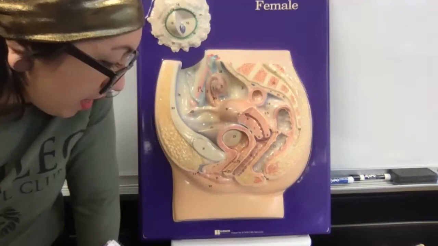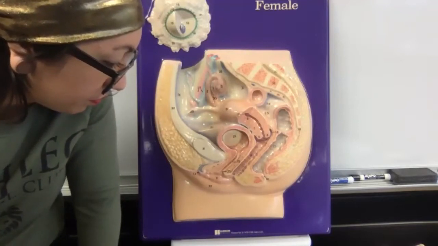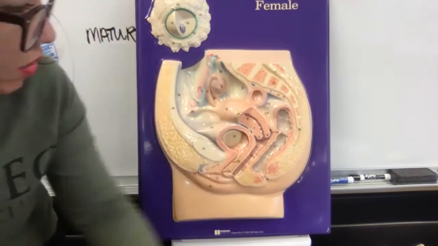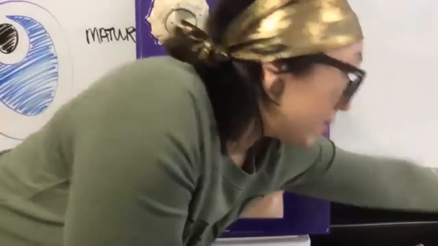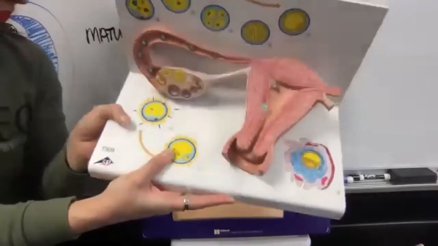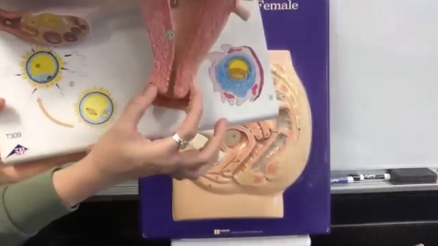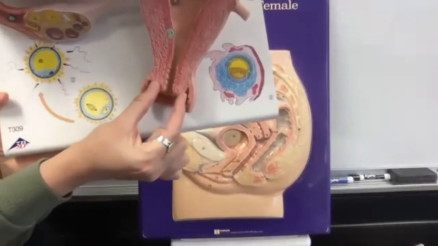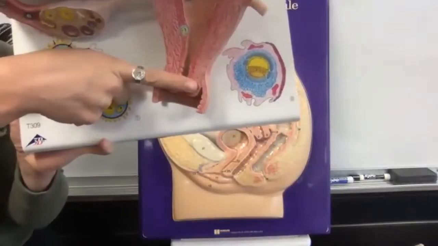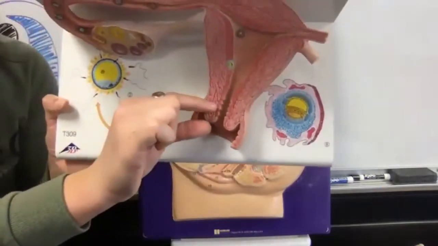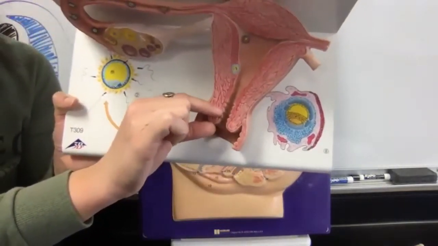Okay, so then the uterus. Let me grab this model again. So we have the cervix. Here's the fornix right here, and the cervix is basically what my finger is covering right here. It's just the bottom, you know, half inch to inch.